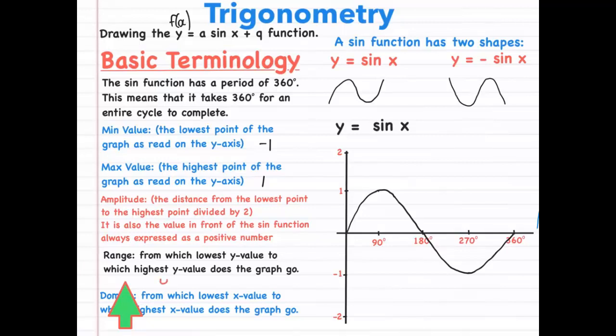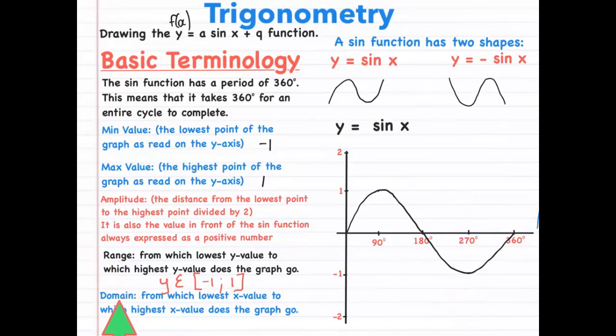We will simply say that y is an element of, and it goes all the way, and I use these brackets here, these closed ones, because the lowest point includes this -1. So basically it goes from -1 all the way to 1, and the highest point includes that 1. So basically we close the bracket like this as well. Got it? Okay, so the range really wants to know the range from the lowest point to the highest point. All these values from how low to how high. That's what the range is.